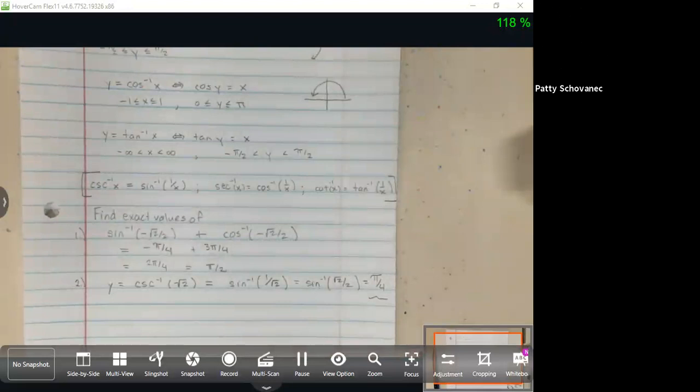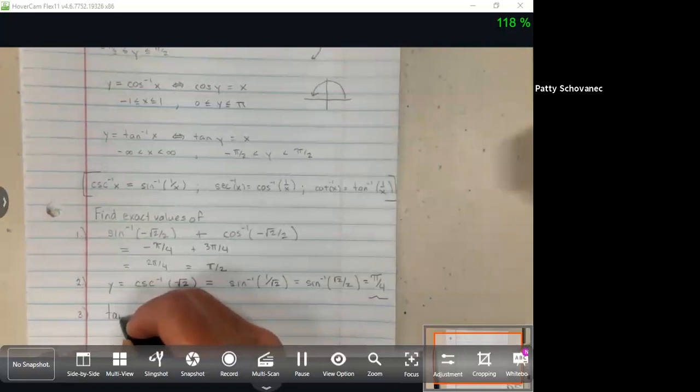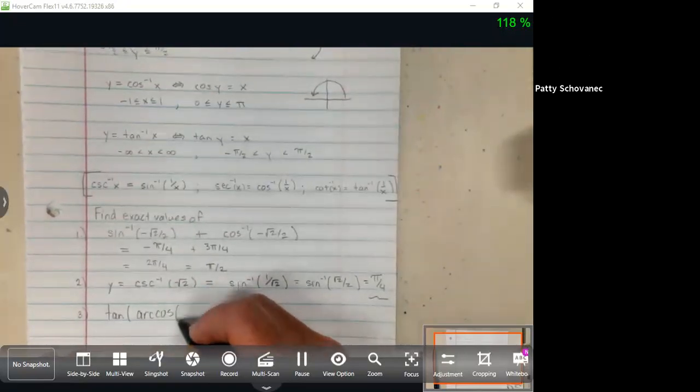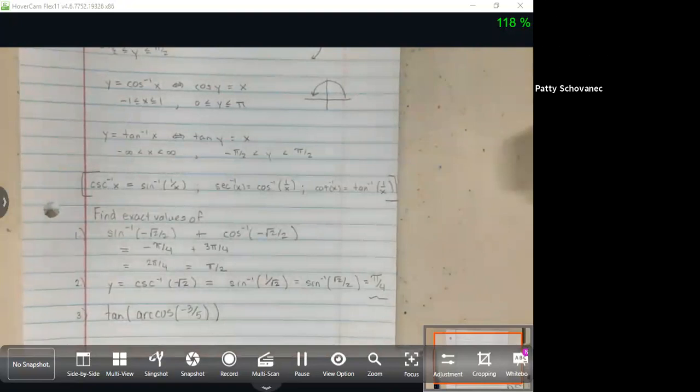Okay, then how about if it's not an angle that we know? Suppose I want to find a composite function. Maybe I want to find the tangent of the arc cosine of negative 3/5. The arc cosine of negative 3/5 is an angle in quadrant 2 because it's negative, and that's the range of the arc cosine.